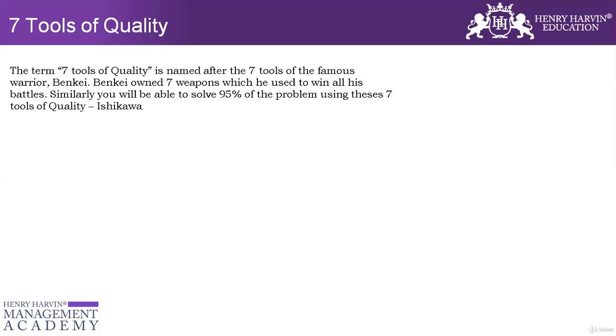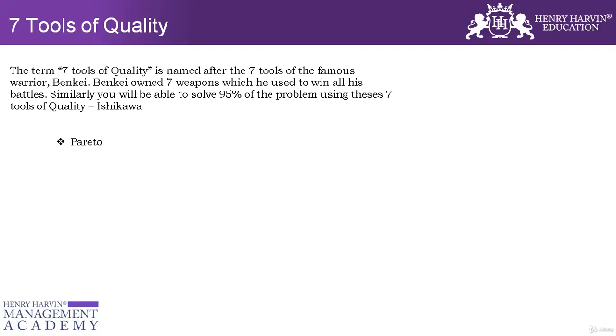From there this word seven comes, and in Six Sigma and quality, the 7 best tools have been categorized and listed, and it has been proven that if we work on these 7 tools with full focus, we can resolve 95% of the problems that we are currently facing using these 7 tools. So that's why the 7 tools of quality are very, very important.